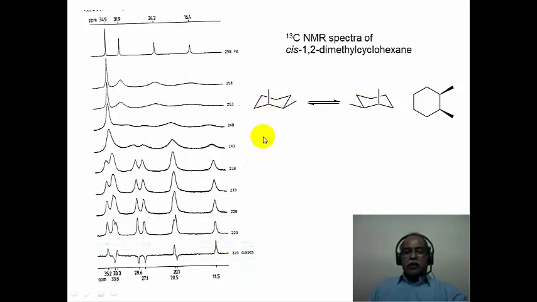The enantiomers being indistinguishable, you just see as if there is only one type of molecule in the NMR spectrum of the cis-1,2-dimethylcyclohexane at low temperature, whereas close to room temperature you see the averaged out signal corresponding to 4 carbons, because this would be the average of these two types of structures.